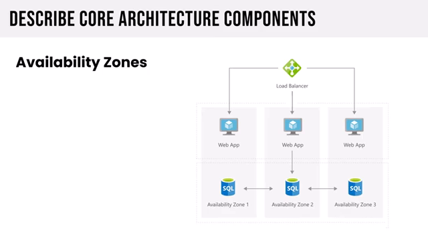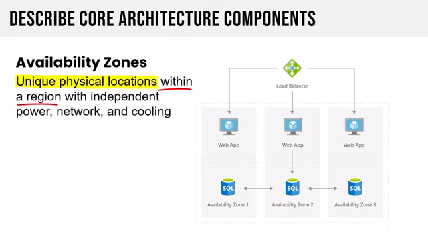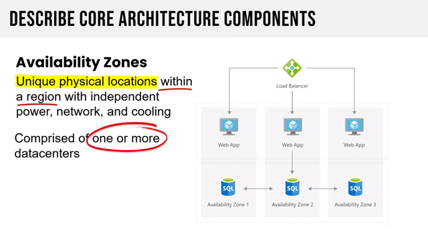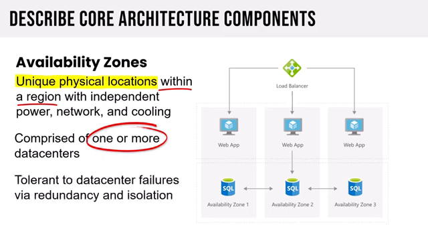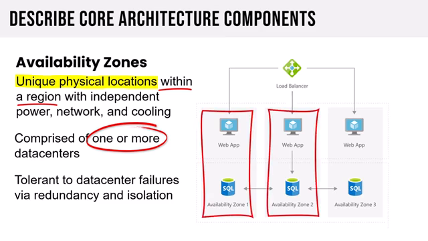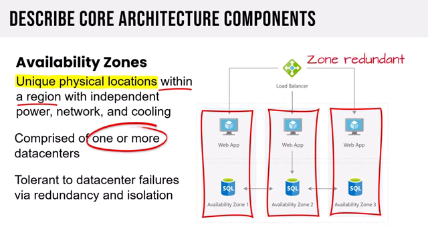Now, availability zones are unique physical locations within a region with independent power, network, and cooling. It's comprised of 1 or more data centers, and it's tolerant to data center failures via redundancy and isolation. So it's really focused on data center failures within a region.